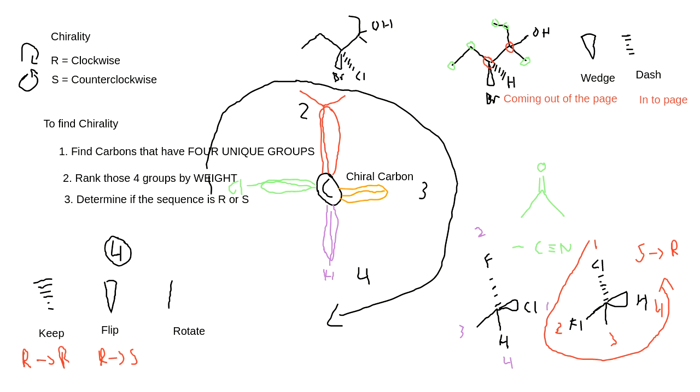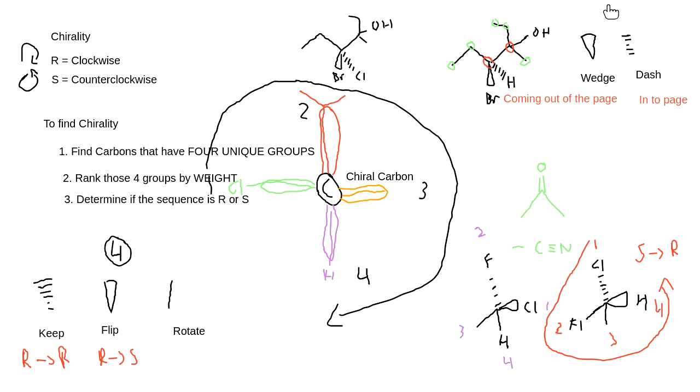So you always want your smallest group in the back and into the page, and I'm not entirely sure why. The answer might be either in your textbook or your lecture, but you don't necessarily need to know the science behind the reasoning.